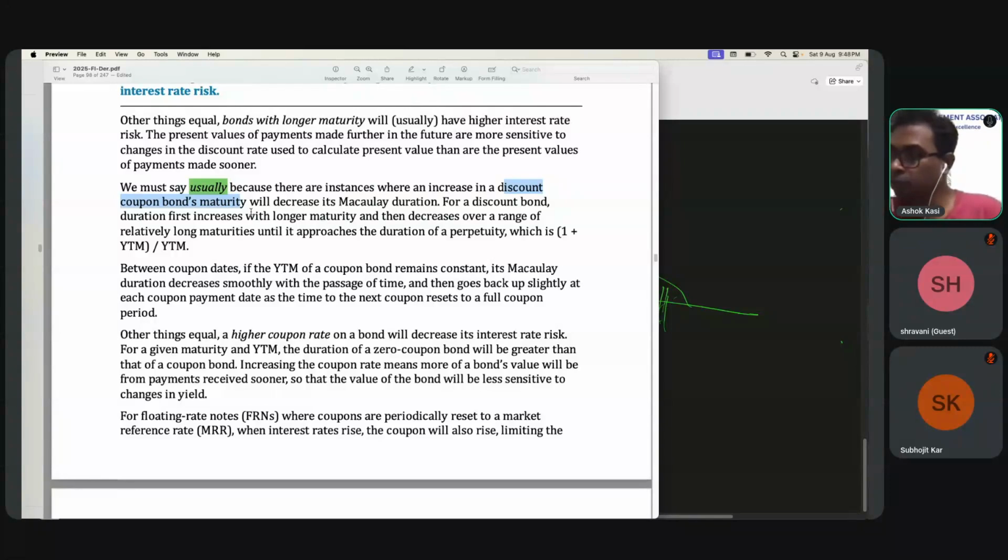See, what it means is if the bond is trading at a discount, not maturity, you have to emphasize the word discount. If it is a discounted bond, its Macaulay duration will decrease.